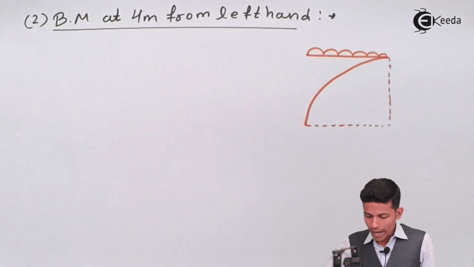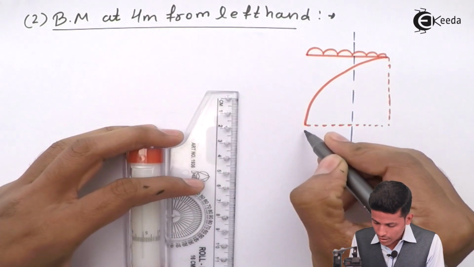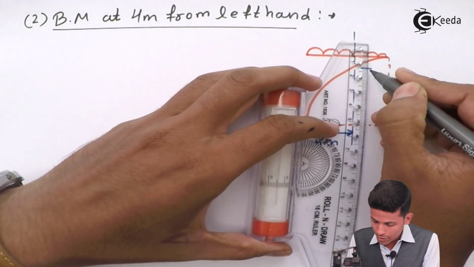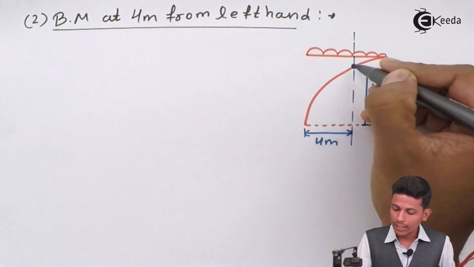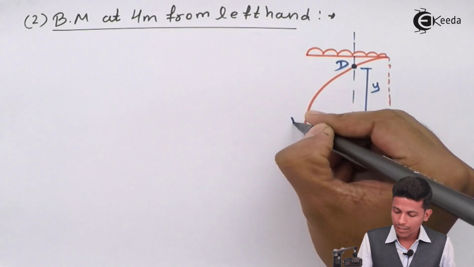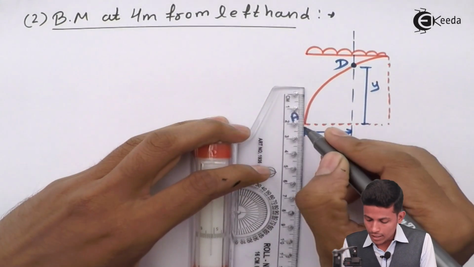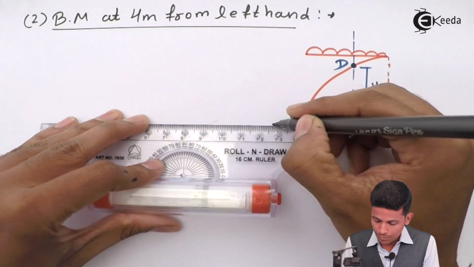This distance is nothing but 4 meter. This distance we don't know, this distance is y. We have to find the bending moment at this point, name it as D. This is 4 meter, and this value you know.